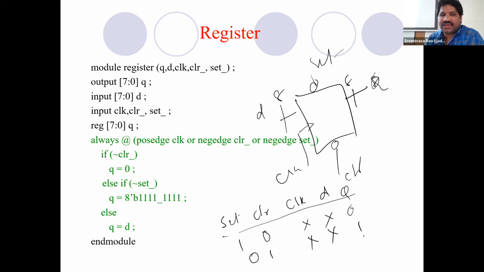So these are the conditions. If clear is 0, output is 0. If clear is 1 and set is 1, output is 1. Next, if neither of these two cases holds, that is, both are 1 and 1, then if the clock is 1 and D is 0, Q is 0; if D is 1, Q is 1. Understand? That is the behavior based on which you wrote this code.